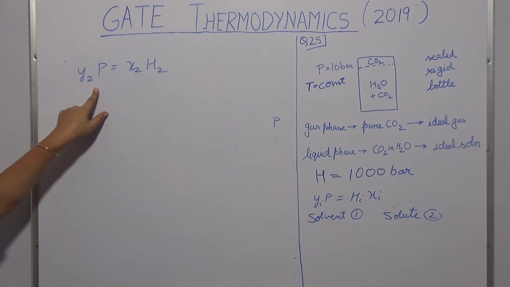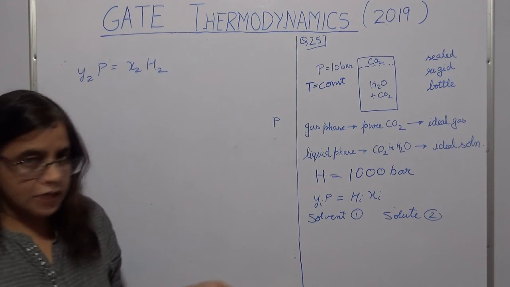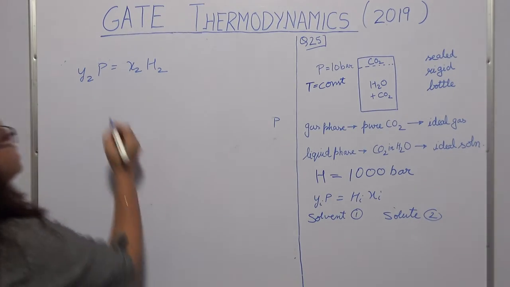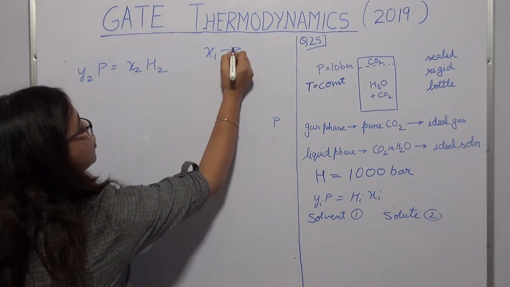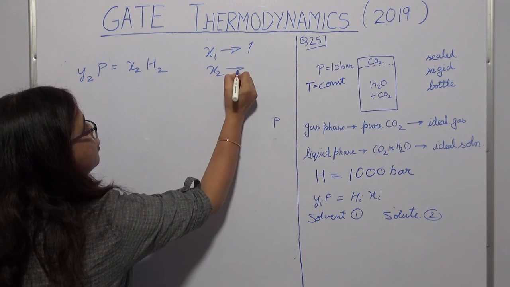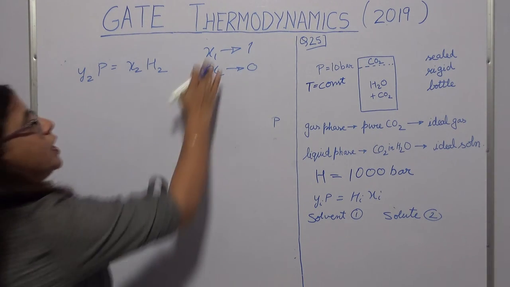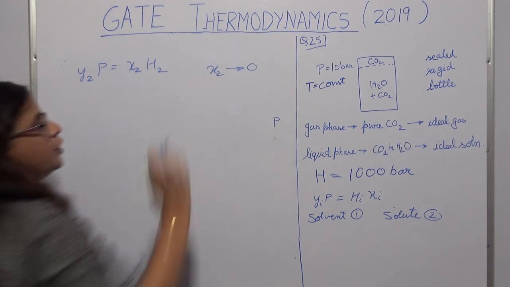Now let's say that I have a very dilute solution, in this case of CO2. That means my x1 tends to 1 and my x2 tends to 0. So when I am writing for component 2, what I am saying is that my x2 tends to 0.